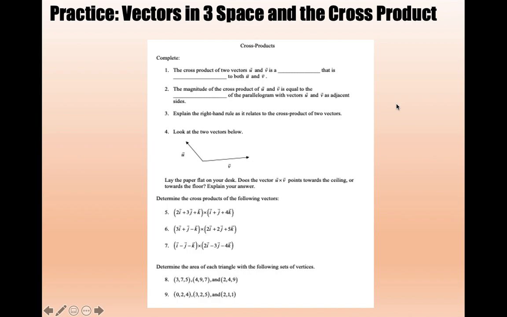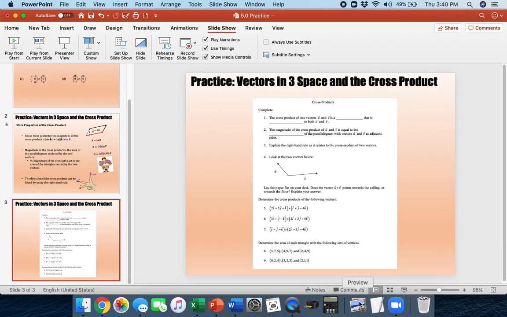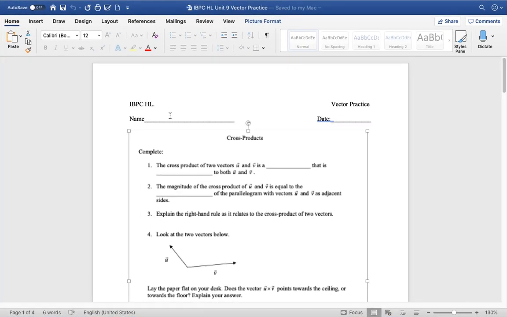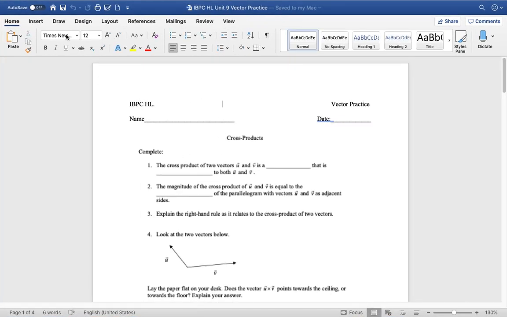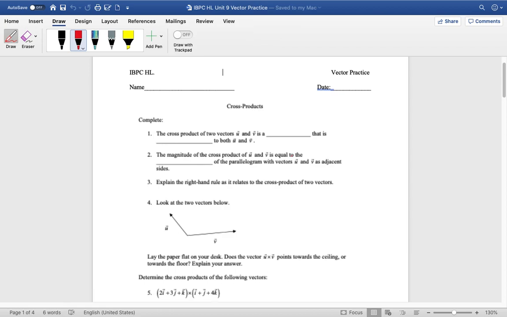So I'm going to switch over to my Word document where I've got this. I'm certainly not going to do all of these with you, but I wanted to do a decent amount of them on the first page, and then like one of each of the other sections.